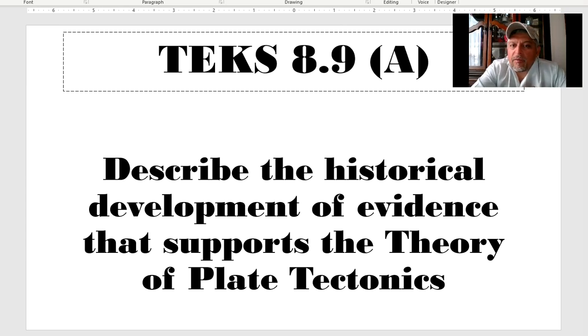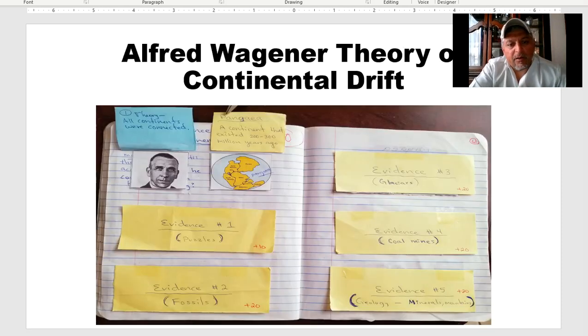Last week we covered TEKS 8.9 letter A, which is the historical events that lead to the current theory that we have right now. We have a theory that's called plate tectonics, but it hasn't been called plate tectonics theory all the time.